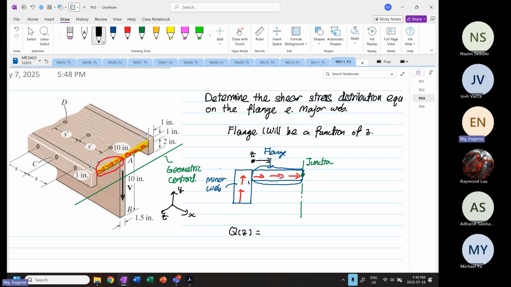The first moment of area of the minor web we know is equal to what? We did calculate the value.